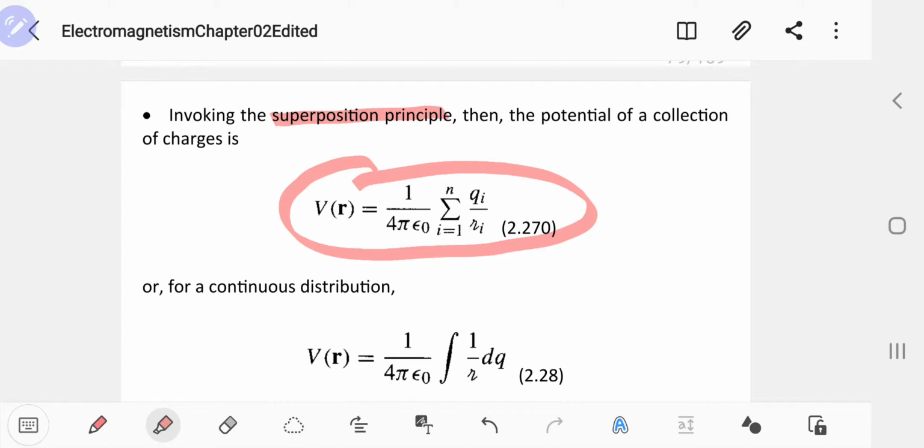And for a continuous distribution, the summation will just convert to an integral. You know how to operate the integral already, and we will not be discussing the nitty-gritty of integration. Then your qi will become dq, and of course the ri here will just be r.